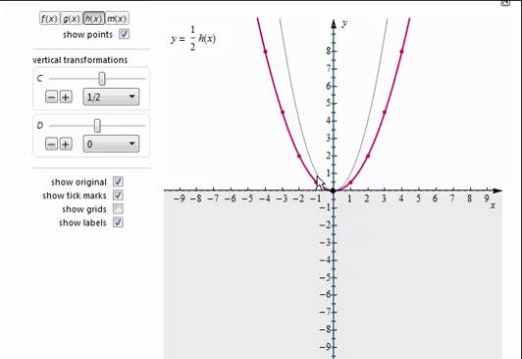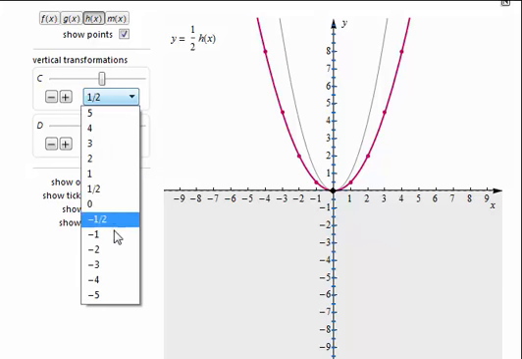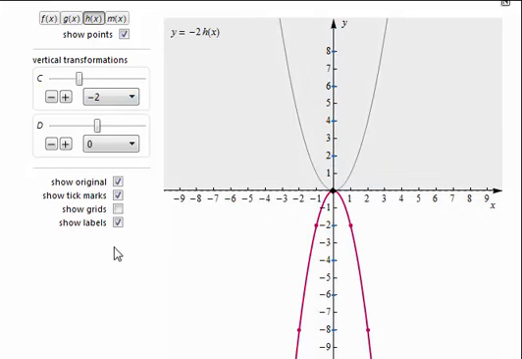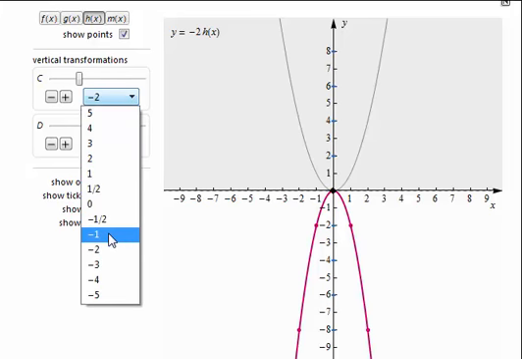So the point (1, 1) is moved down here, (-1, 1) is moved down here. The point (2, 4) was originally on the graph. It's been compressed back toward the line of reference, or the x-axis in this case. So a vertical compression makes the graph wider. And for a negative value of c, we just take -1.